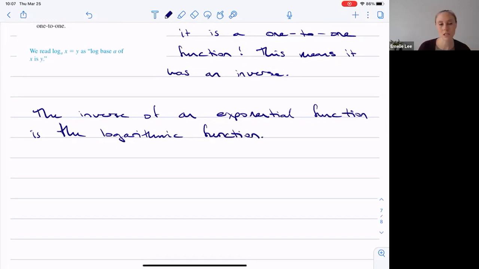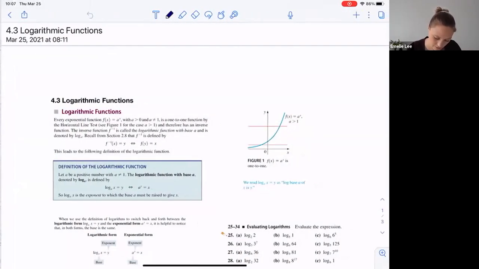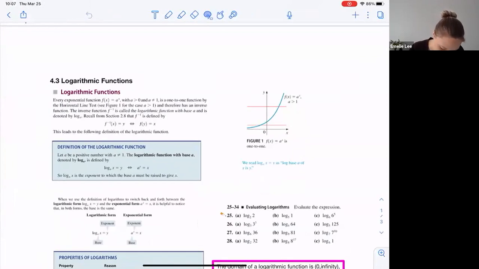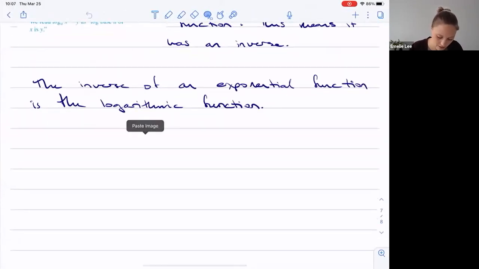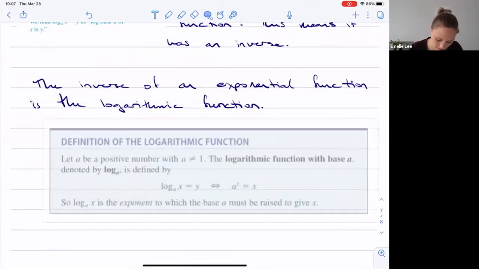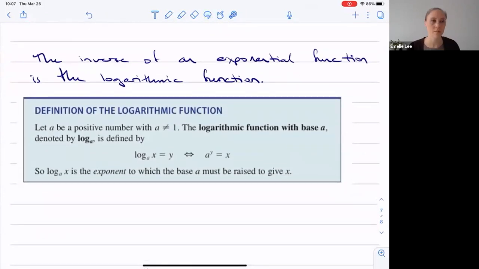Okay. So let's see here. I'm going to grab this blurb here, and I want to talk about it because it can be really confusing. Or maybe that's just me, but I find that the relationship between logs and exponential functions takes a lot of practice, right?